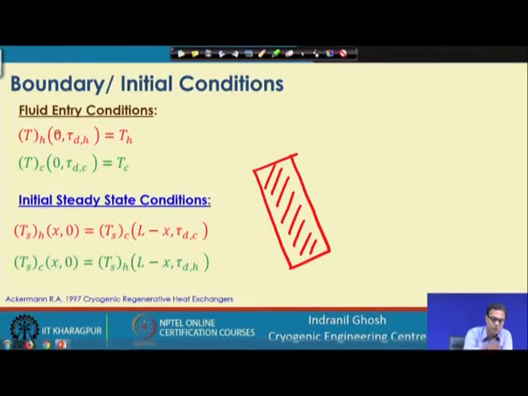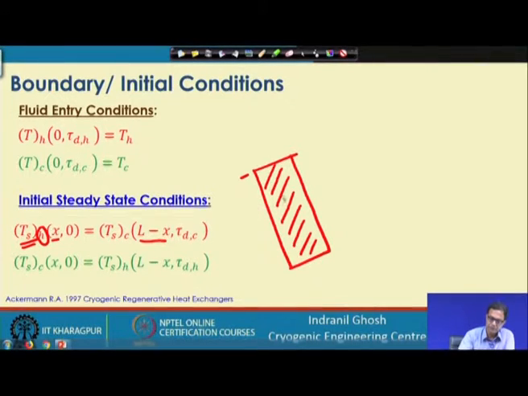Earlier we talked about x equals L, but now we are talking about L minus x. So, here you see, at a location x for this hot fluid stream, the temperature is the same as what it was in the previous cycle at the same location.